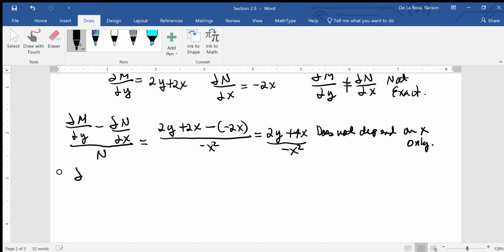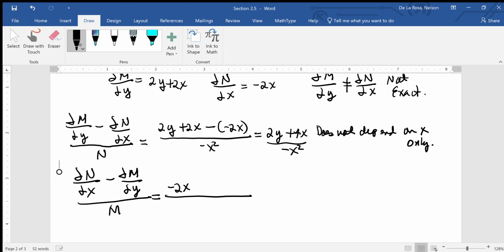So what about we try the partial derivative of N with respect to x minus partial derivative of M with respect to y, but this time divided by M. So we have negative 2x, which is the partial derivative of N with respect to x, minus the partial derivative of M with respect to y, which is negative 2y minus 2x, everything divided by M. M is y squared plus 2xy.